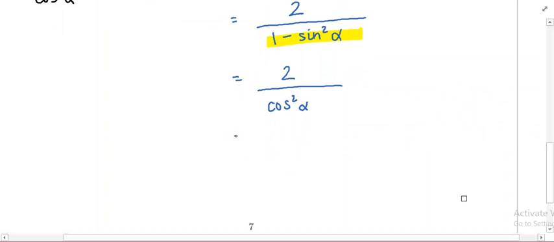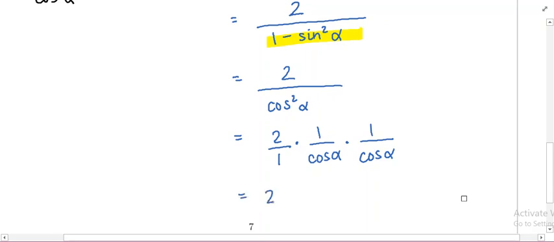But remember, this is 2 over 1 times 1 over cosine of alpha times 1 over cosine of alpha. Because if you multiply these 3 fractions together, you would multiply the numerators, 2 times 1 is 2. And then the bottoms, 1 times cosine of alpha times cosine of alpha is cosine squared of alpha.